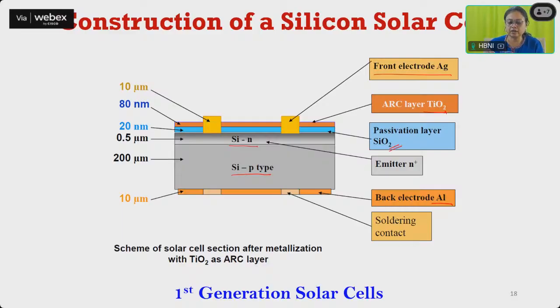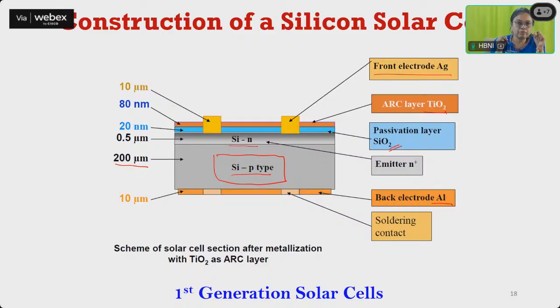Why a passivation layer? So that for long-term working there is no degradation of the silicon beneath. And if you see the thickness, this p-type semiconductor, which is the light absorber area, is just 200 micrometer. 200 micrometer is around 0.2 millimeter, right?